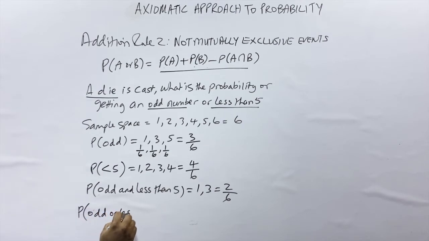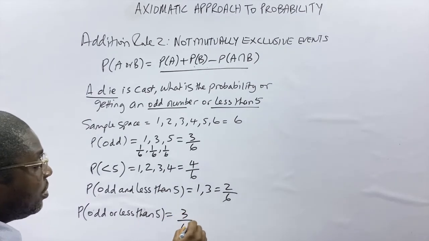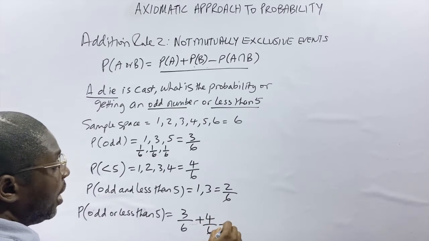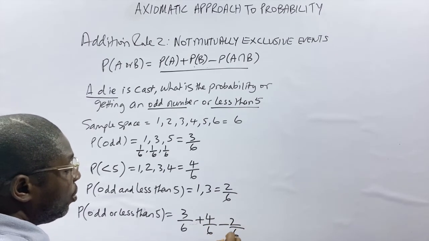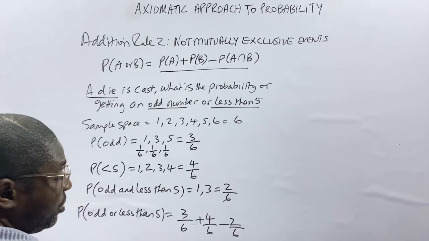or less than 5 will be 3 all over 6 plus 4 all over 6 minus 2 all over 6. I trust you're following. From this, we can find the LCM.